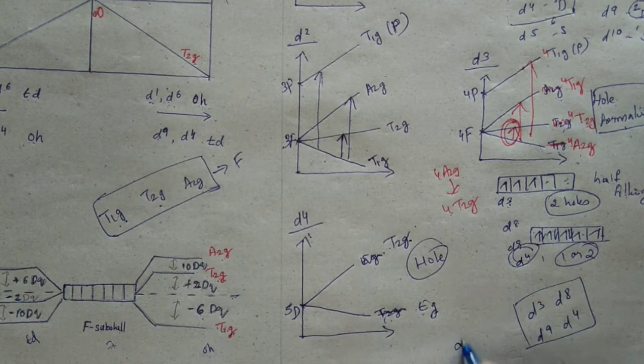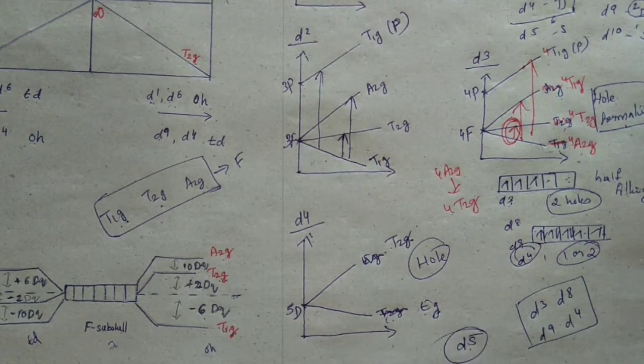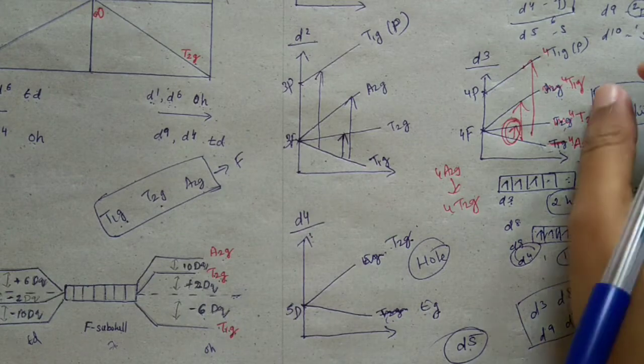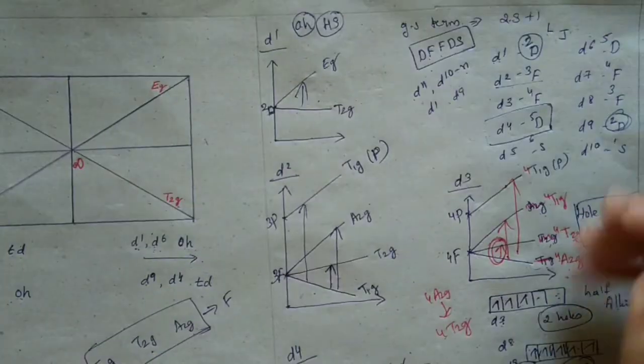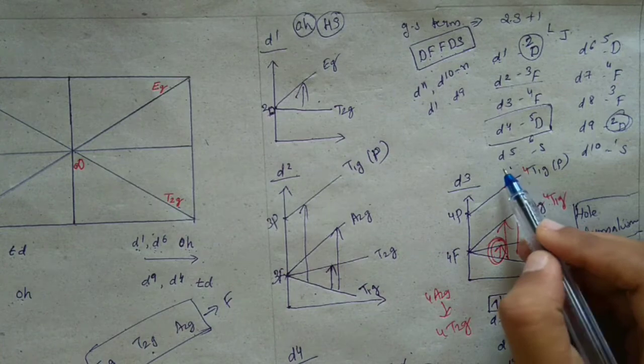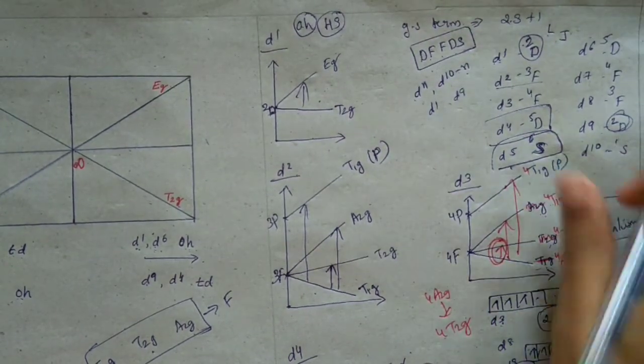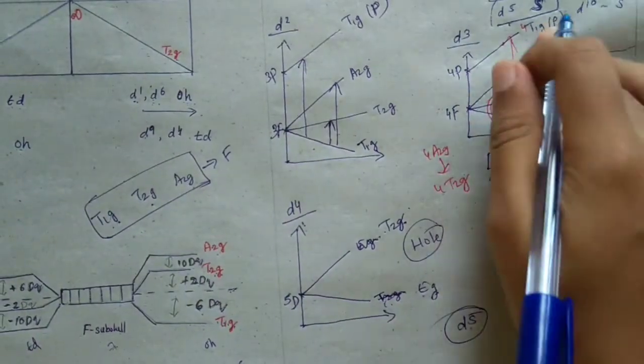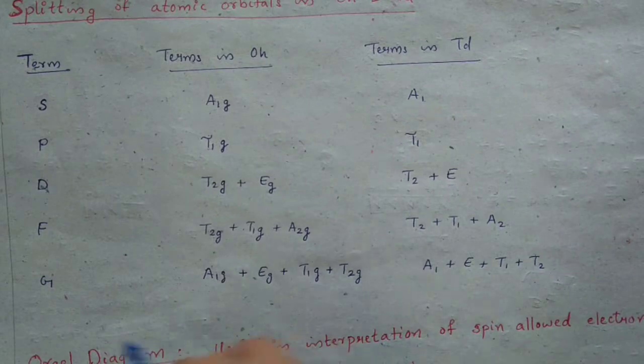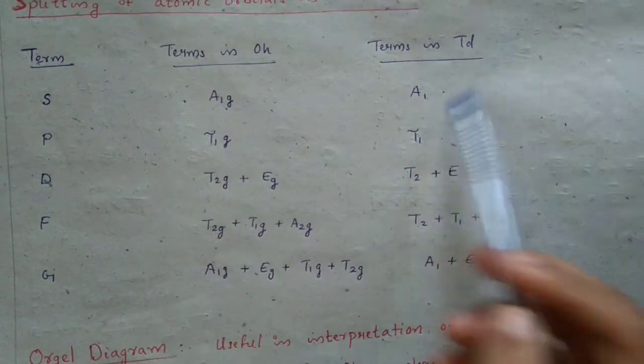Similarly d5. In d5 what happens? Only one level is there. For d5 the term symbol is 6S. S has only one. The splitting of S we have discussed earlier: A1 in tetrahedral and A1g in octahedral.